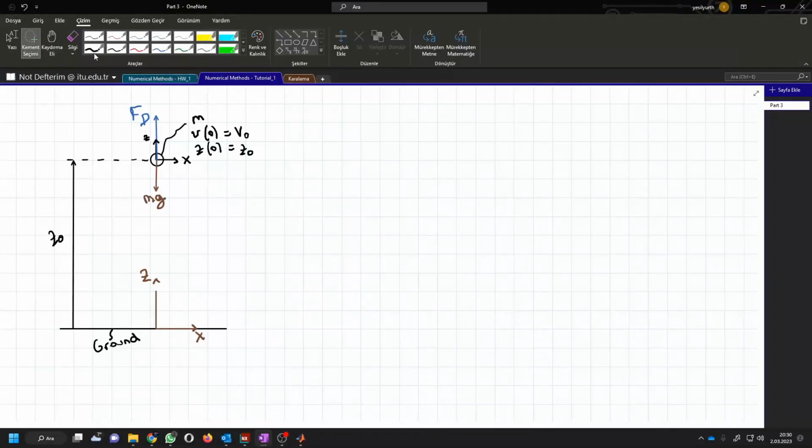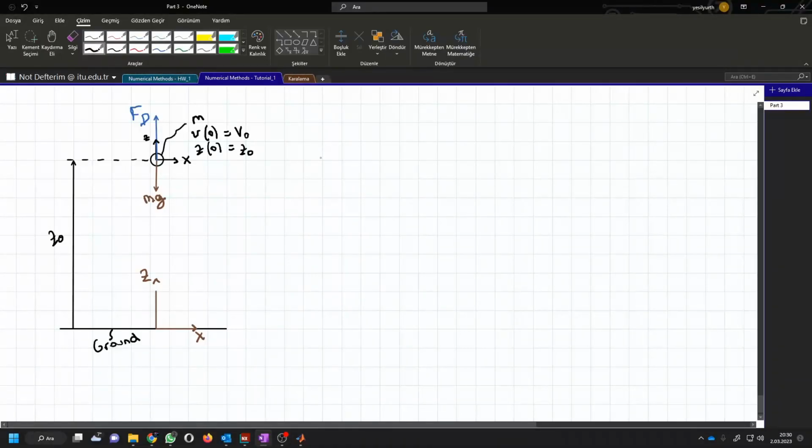So for this lecture and for my particular problem, we will go on with the Euler forward formula. Now I will formulate my solution and then go to MATLAB to solve and visualize my solution.